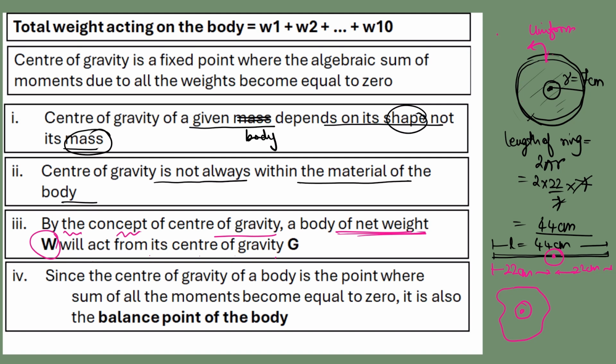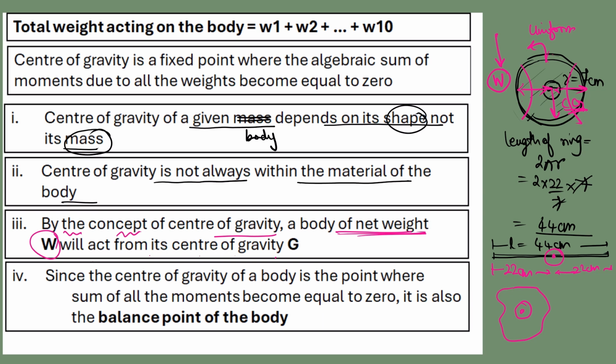We only say it is a point object of weight W, which is a collection of all the weights from all the sides of the regular or irregular body. This side has certain weight, this part has certain weight. So the accumulation of all weights is said to be acting from the CG for practical purposes.